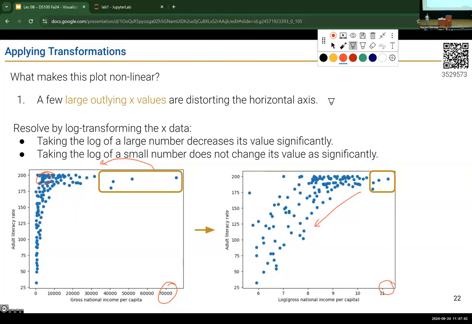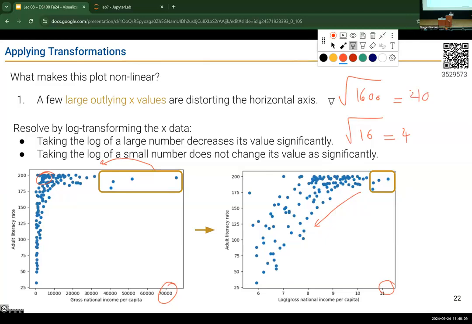Any kind of transformation that will impact large values differently than the small values, and will proportionally decrease the large values more than the small values, would work here, such as a square root, right? So if you have, for example, a square root of 1600 versus a square root of 16, this is going to be 40, and this is going to be, for example, 4, right?